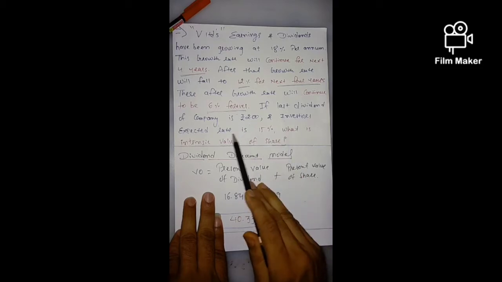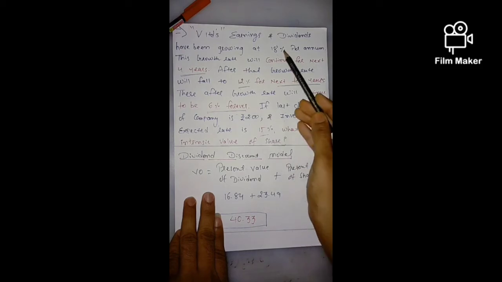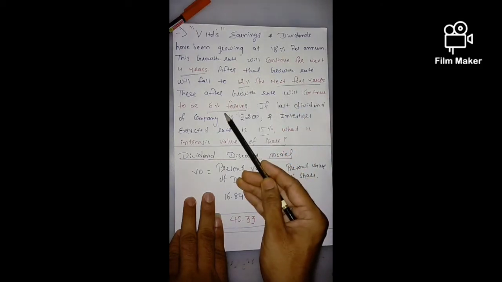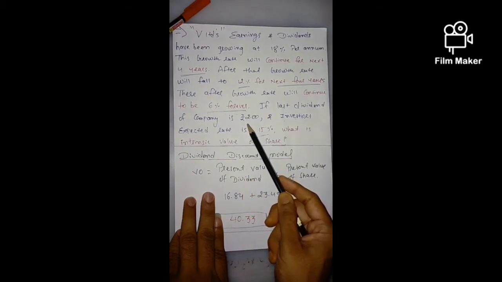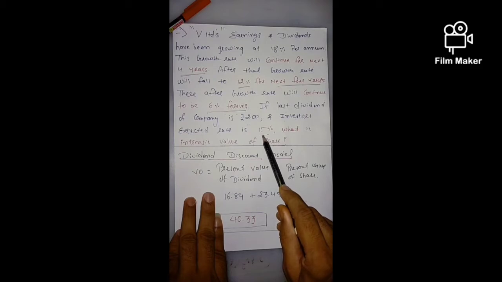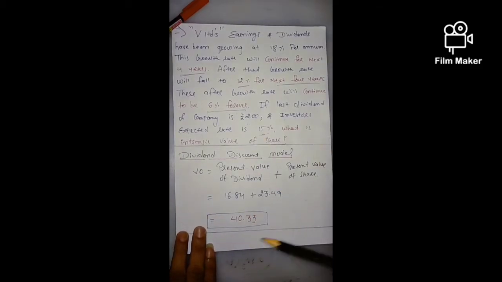The investor's expected rate is 15%. The company is growing 18% for the first 4 years, 12% for the next 4 years, and after that 6% forever. The last dividend, D0, is 2 rupees, and the investor's expected rate is 15%. That means those who are investing in this company have an expectation of 15%.